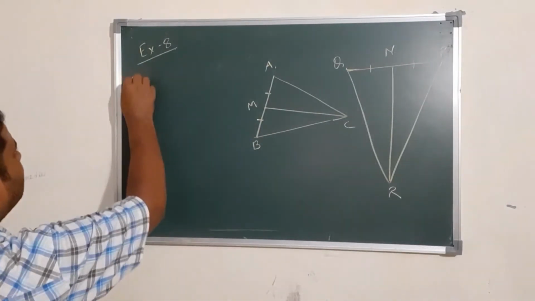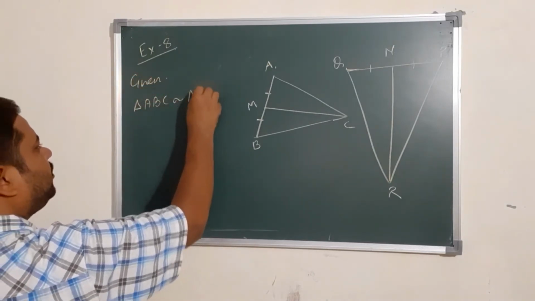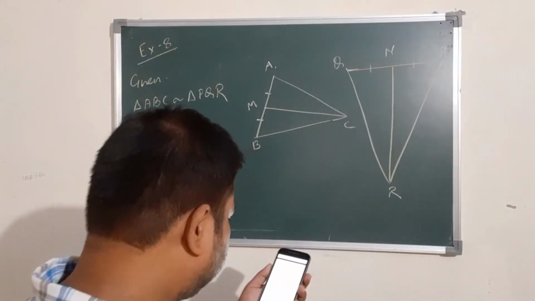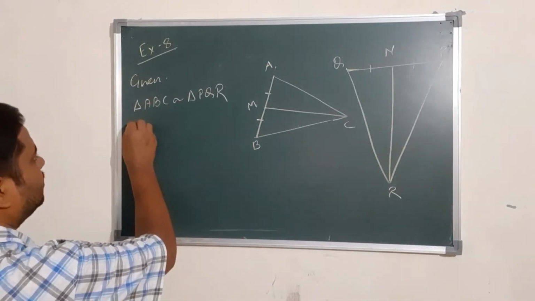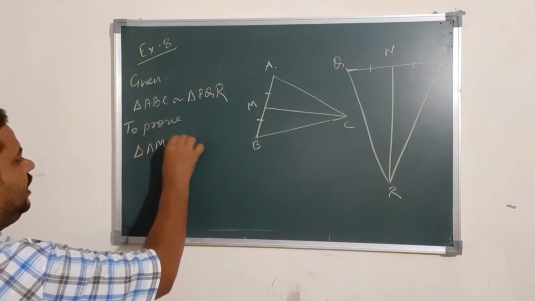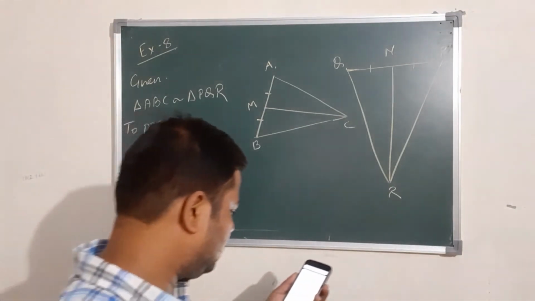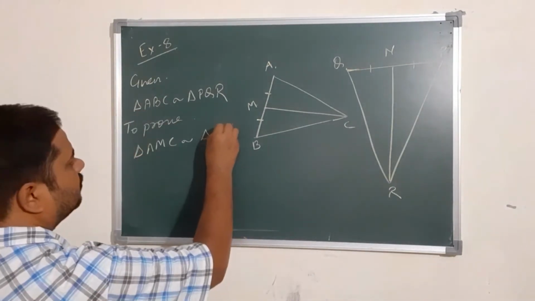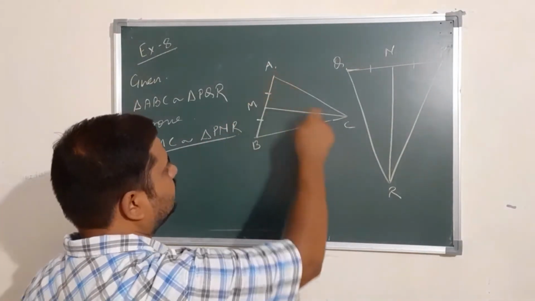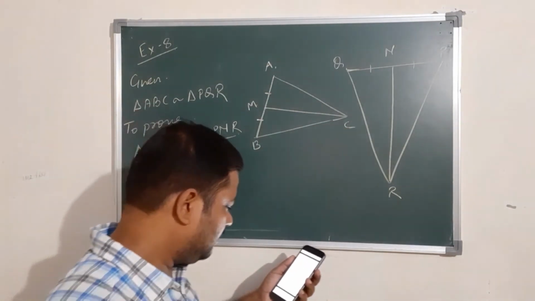What is given here? Given triangle ABC is similar to triangle PQR. We have to show, first, triangle AMC is similar to triangle PNR.